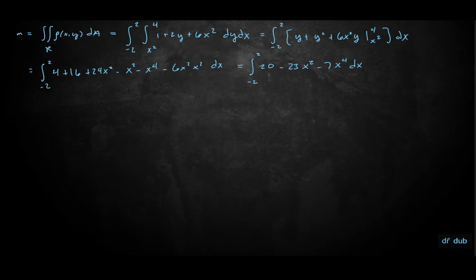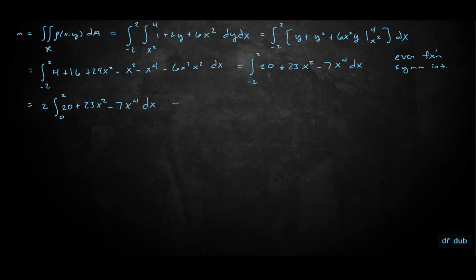Now this is an even function over a symmetric interval, so we change it to 2 times the integral from 0 to 2 of 20 plus 23x squared minus 7x to the 4 dx.